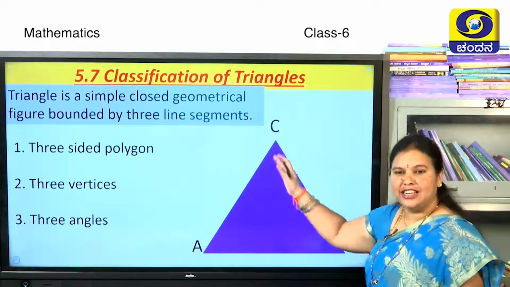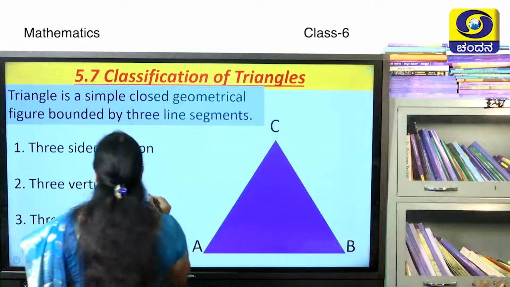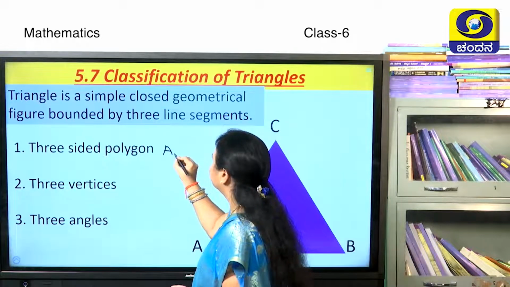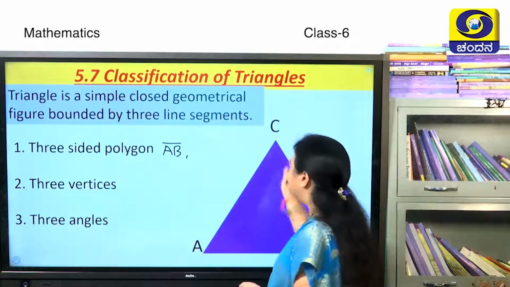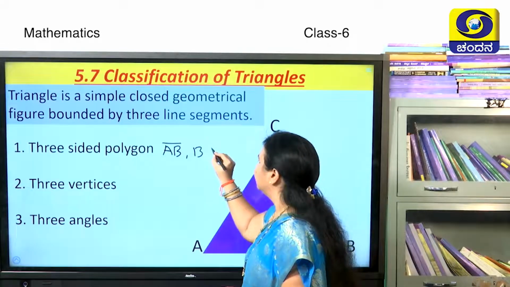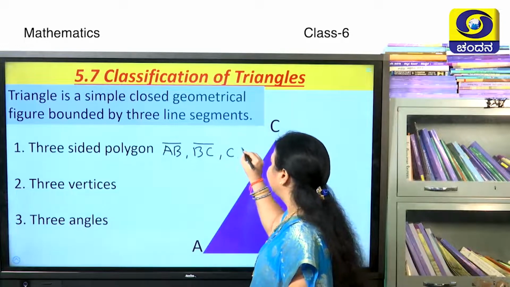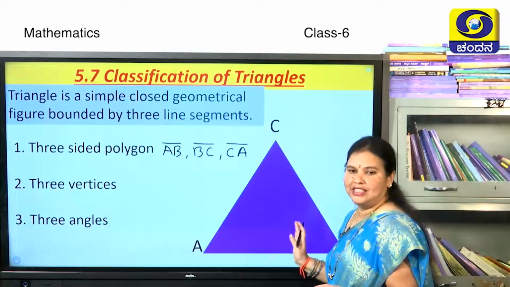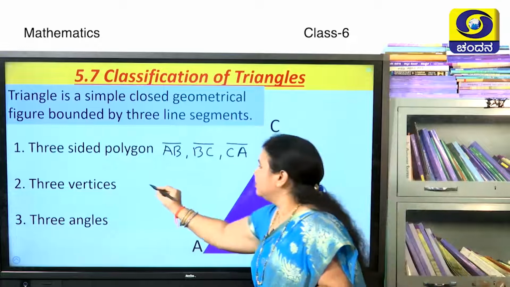So a triangle has three sides, that is AB and BC and CA, and it has three vertices A, B, C, isn't it?